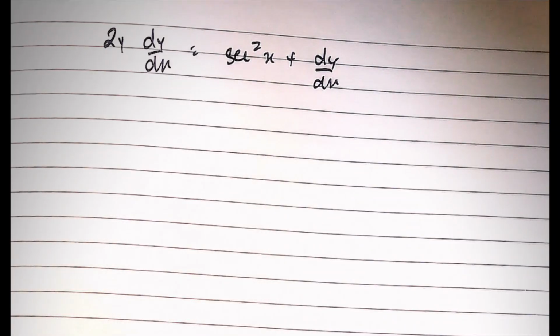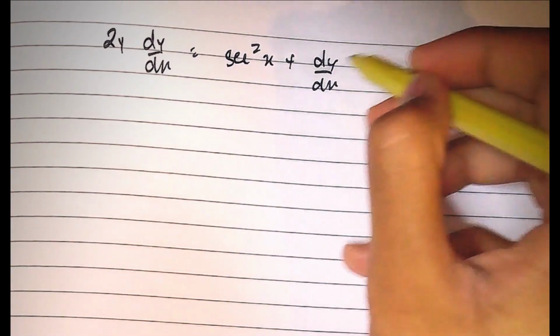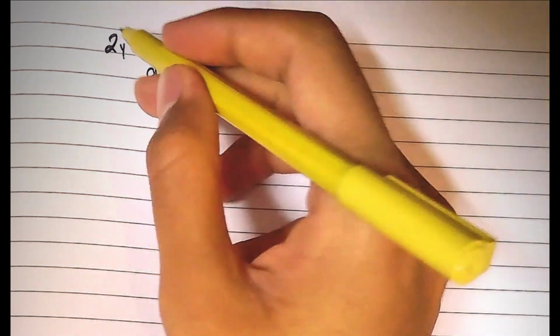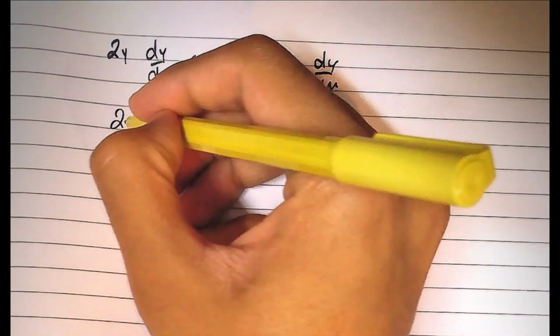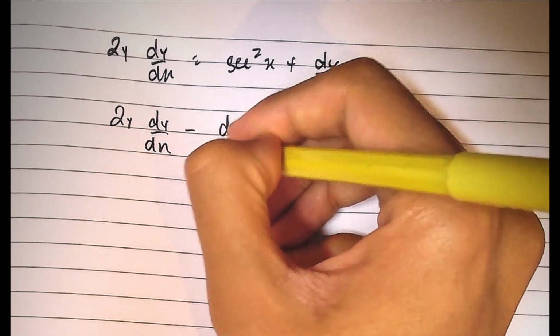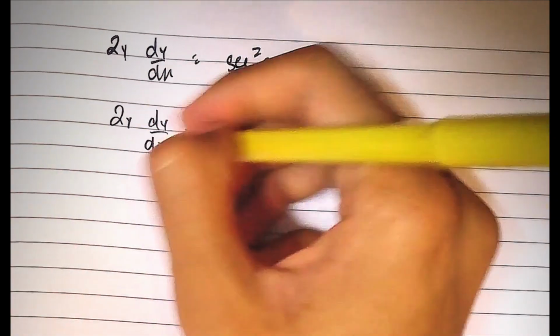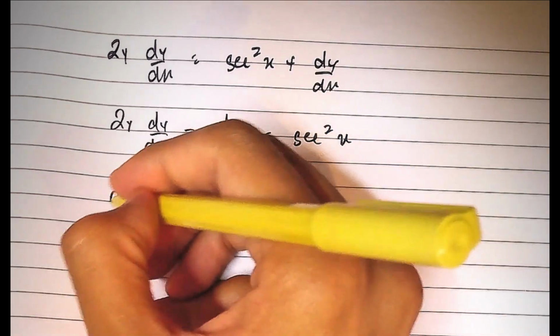You know why? We can put the like terms on one side of the equation and the unlike terms on the other side of the equation. So I have 2y dy by dx and dy by dx over here, so I can move this dy by dx toward the opposite side of the equation. So I will have 2y dy by dx minus dy by dx is equal to secant squared x. So if these are like terms, we can actually take them out as common.